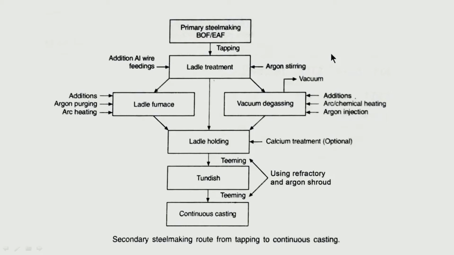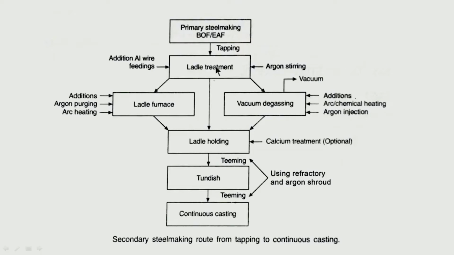Because argon can be sent into the ladle from the bottom, and this will enhance the flotation of the alumina type or silica type of inclusions which are forming by the deoxidation reaction. This will enhance the inclusions to float up and get absorbed by the slag. So argon stirring is important during ladle treatment.